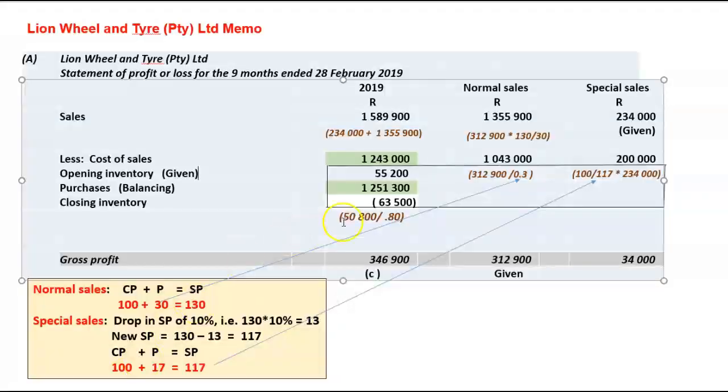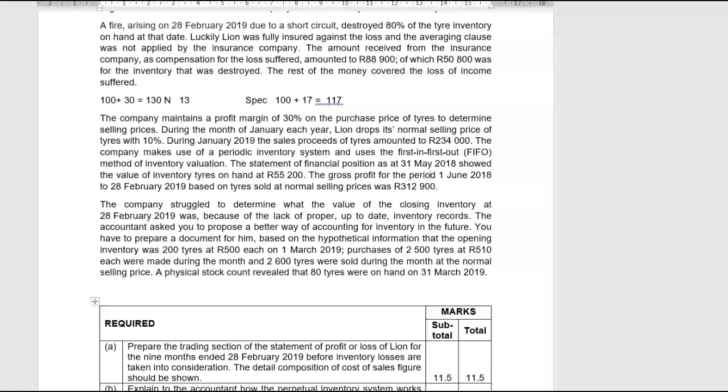So for closing inventory, 50,800 divided by 80% gave us 63,500. So what is the missing one? The balancing figure will then be our purchases figure. So that one less that one deducted from that one will give us 125,300, which is our balancing figure for purchases. And that is the A part of the question.